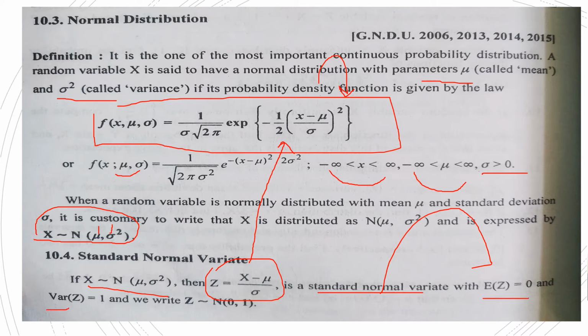Generally, we write the standard normal variate as N(0,1), because in it the mean is always 0 and the variance is 1. It can be made by putting z is equal to x minus mu upon sigma.